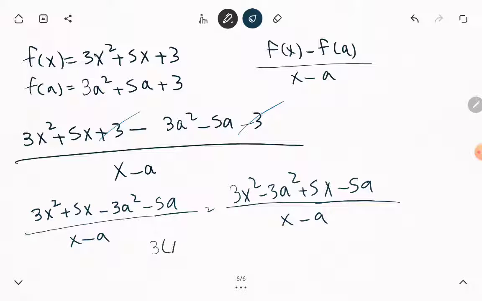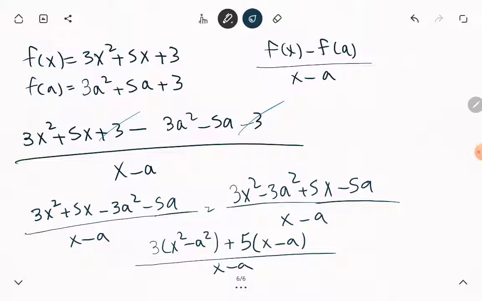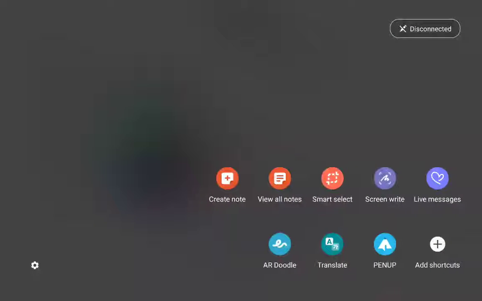So 3 times x squared minus a squared, and then here I can take out 5, so it's 5 times x minus a, all over x minus a. And this x squared minus a squared here, see that?